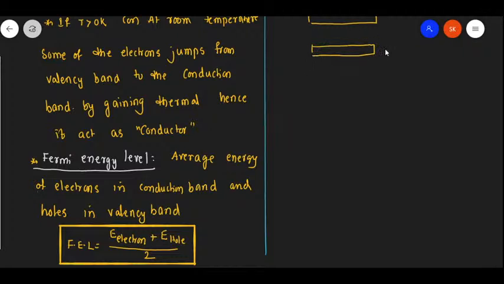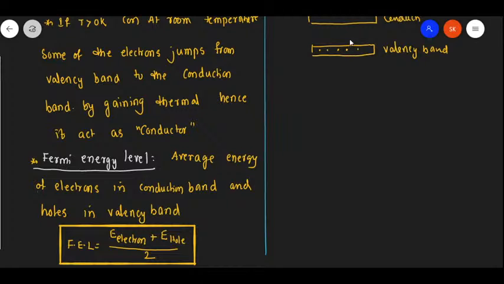See here, this is the valency band and this is the conduction band. In the valency band, the electrons are generally in the bonds.